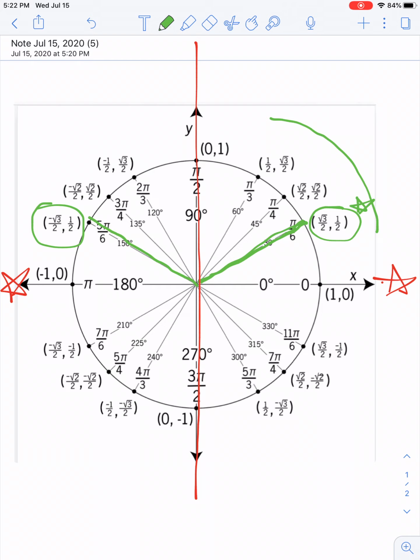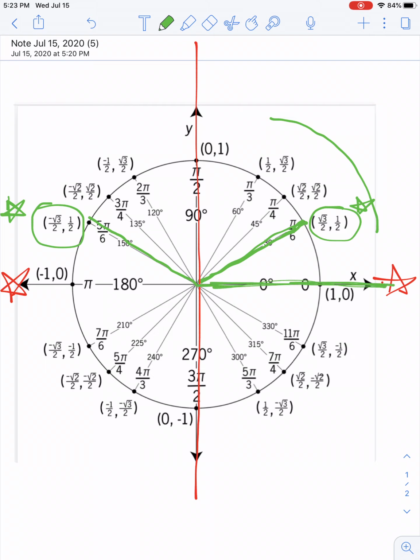Now look at the x for the angle that is for the 150 degrees, the one that matches up with. Notice it's negative square root of 3 over 2. Now the reason it went from the positive to then the negative is because on this side here, these are all positive x values.